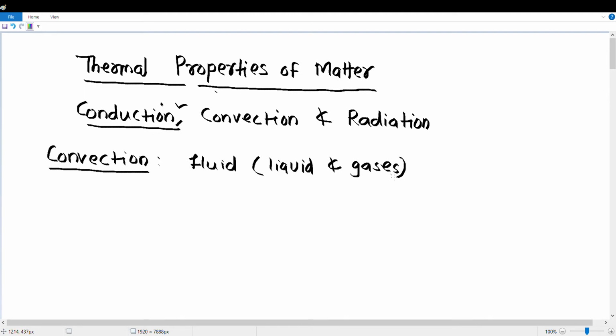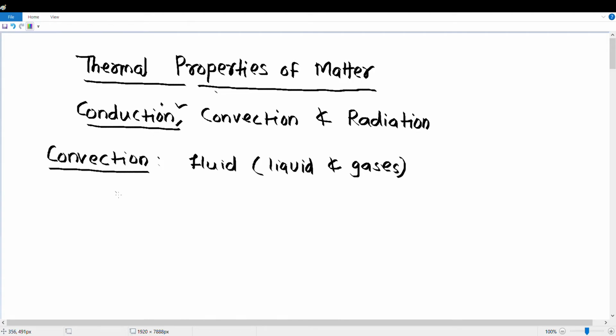The difference between solid and fluid is that in a fluid the constituent molecules are loosely bound to one another, and as they are loosely bound they are capable of flowing. So liquids and gases are known as fluids.